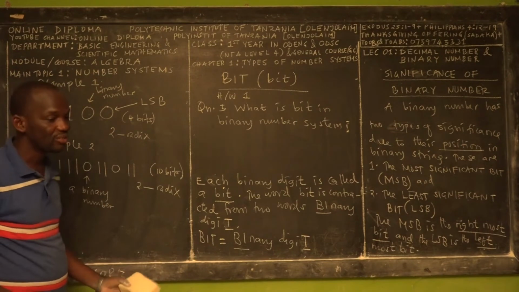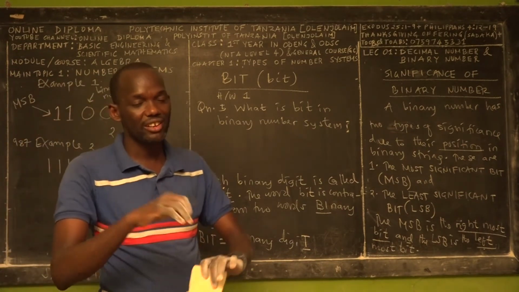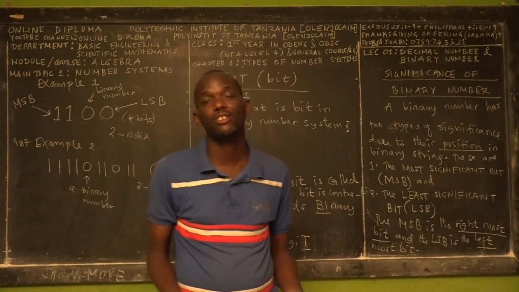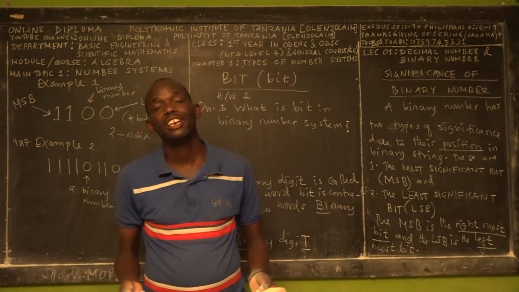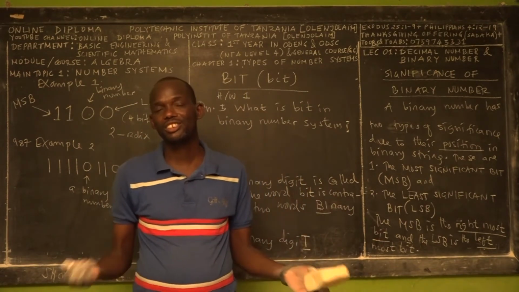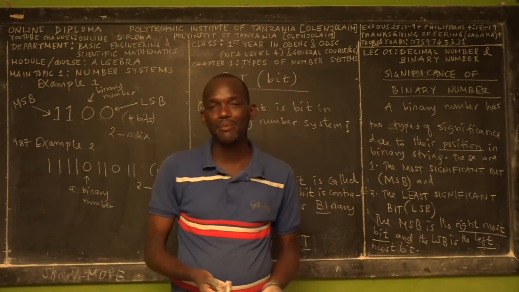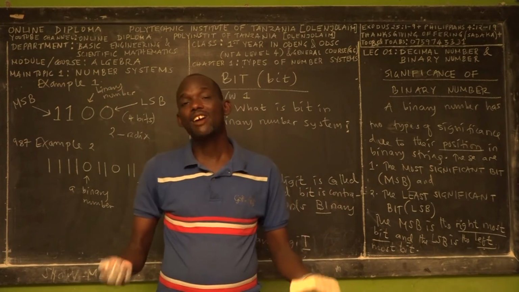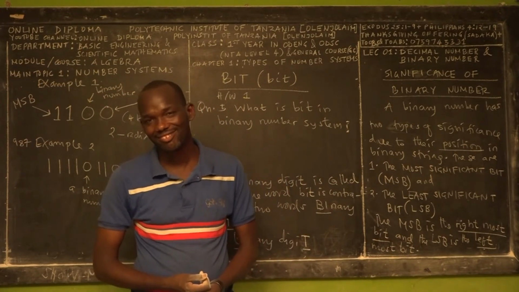You may have a memory card, or the size of a video file or audio file of maybe 20 kilobytes, 20 KB, or 100 MBs, or 1 GB. That is the language of binary numbers, right?